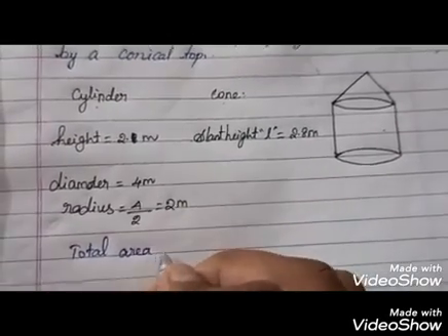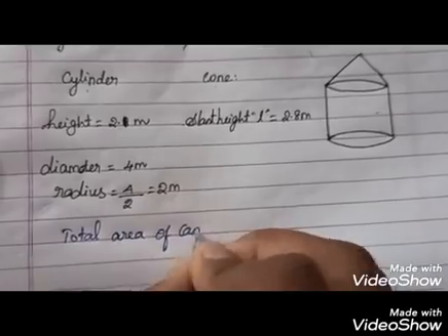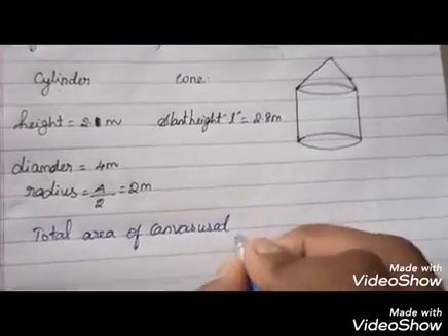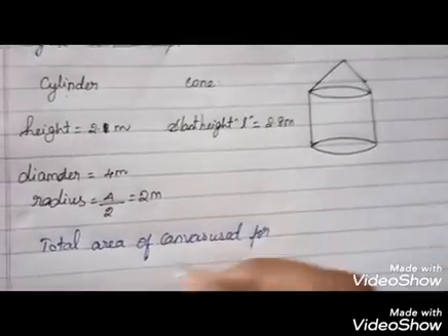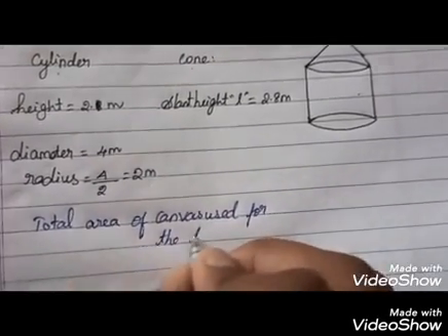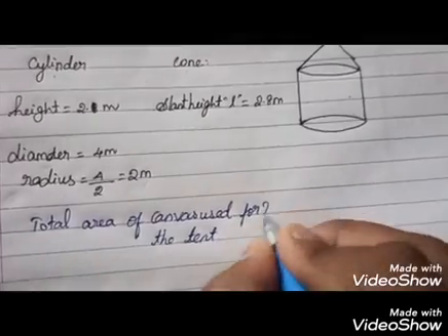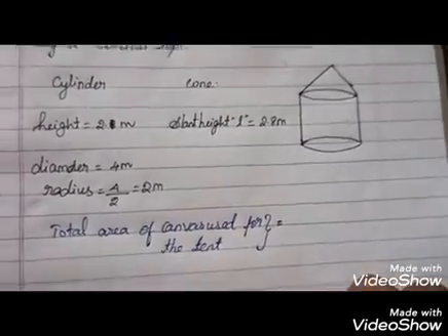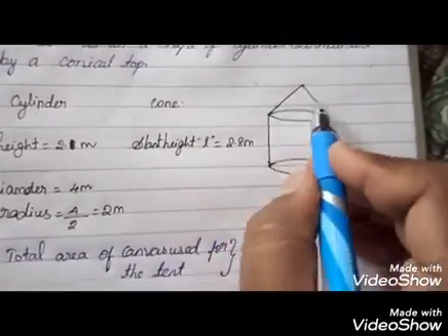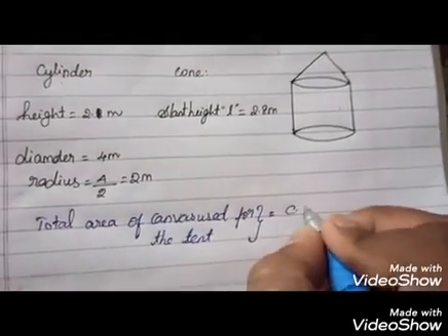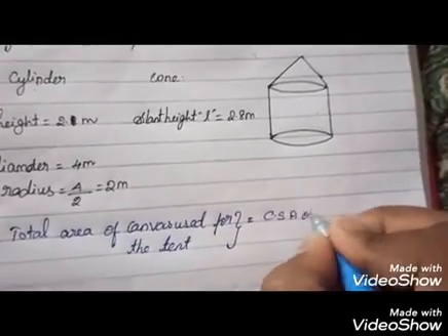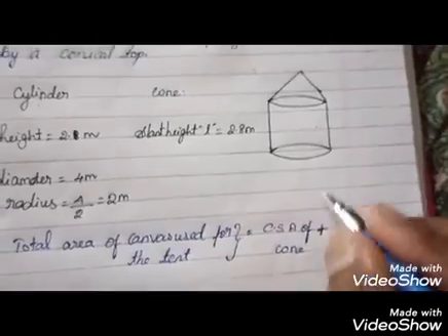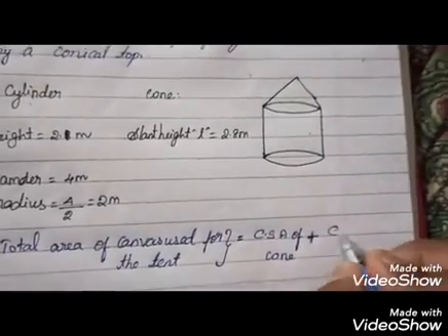So already I told that it is curved surface area of a cone plus curved surface area of cylinder.